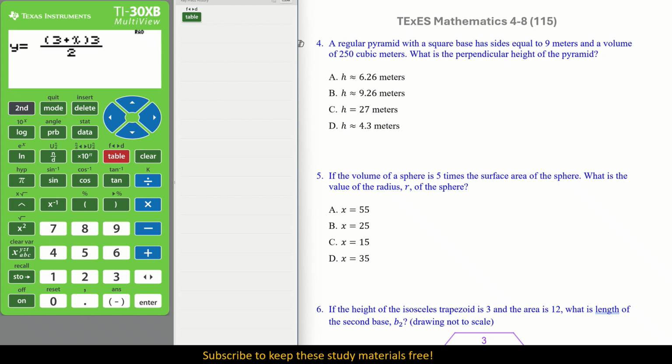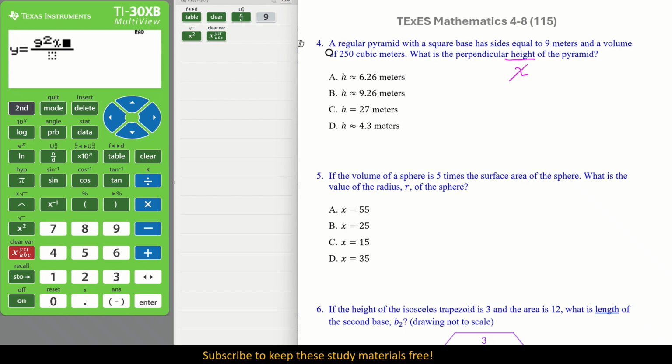Okay, so let's push table, clear out what's there. We need another fraction. Okay, so it's the area of the base, which is, they say each side is, it's square, so it's 9 times 9. So I have 9 squared times the height, which is x. We don't know what the height is. So they want h, the perpendicular height.